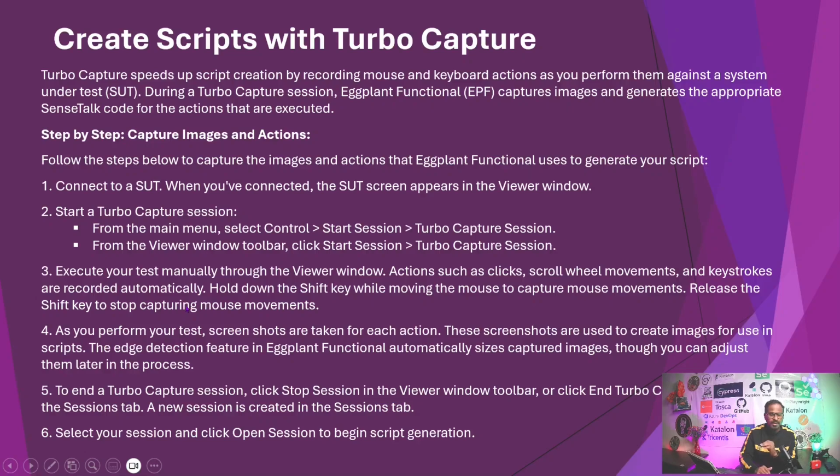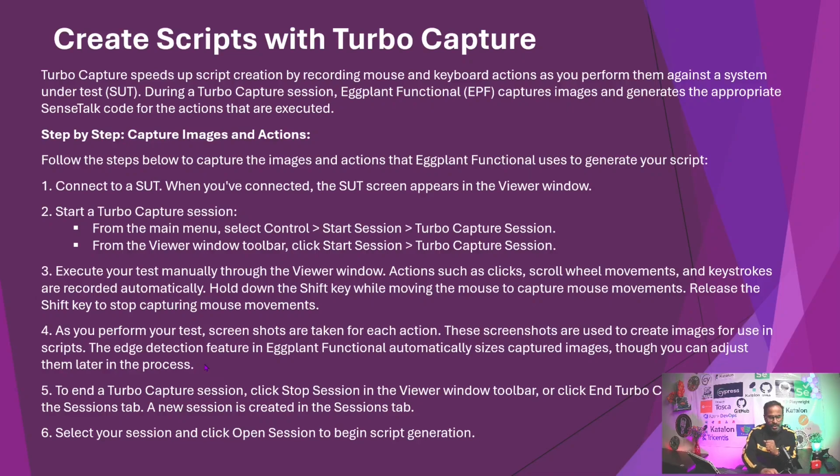Release the shift key to stop capturing mouse movements. So as you perform your test, screenshots are taken for each action, and these screenshots are used to create images for use in scripts. As I told you, Eggplant uses the images and text fields to identify the elements.